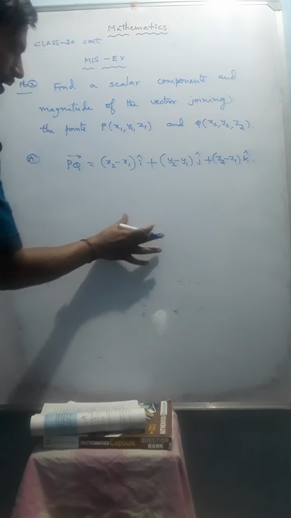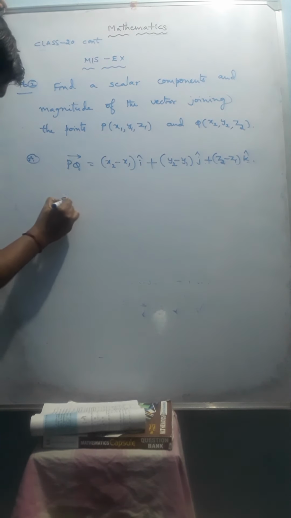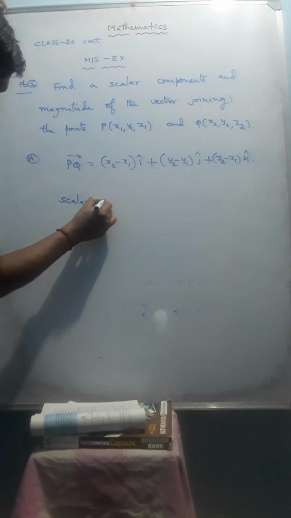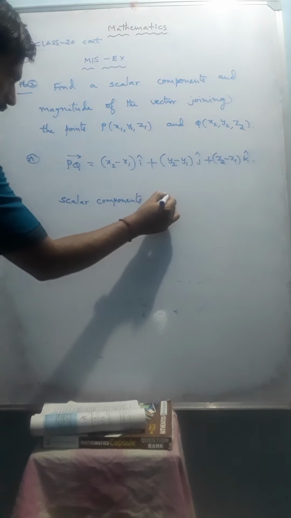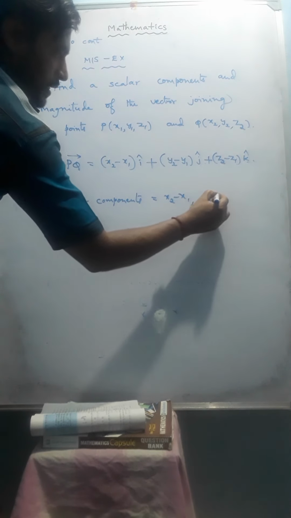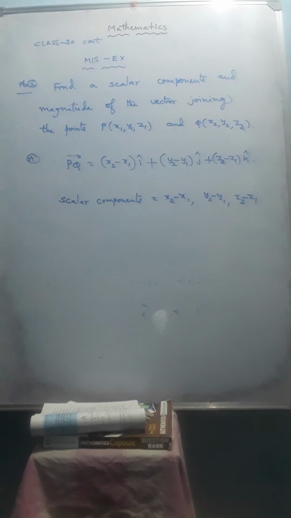So the scalar components are x2 minus x1, y2 minus y1, z2 minus z1. Those are the scalar components.